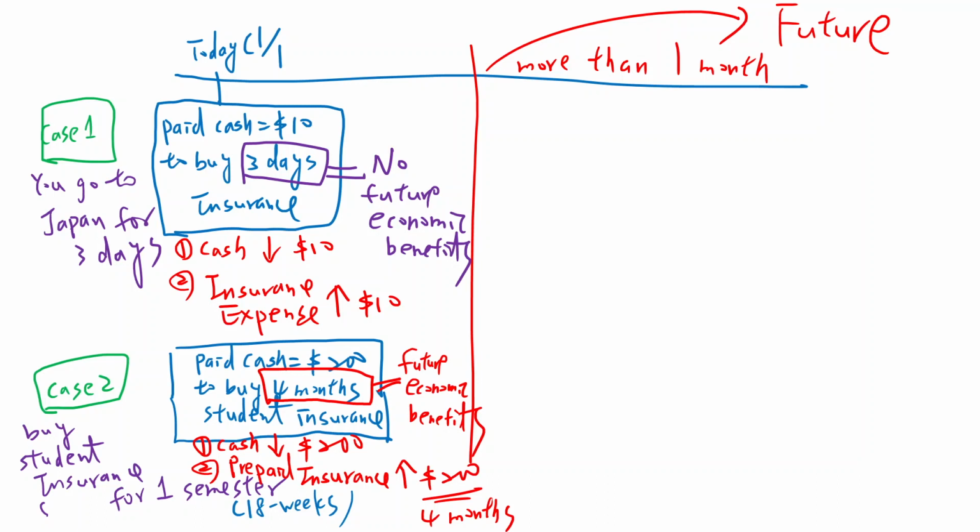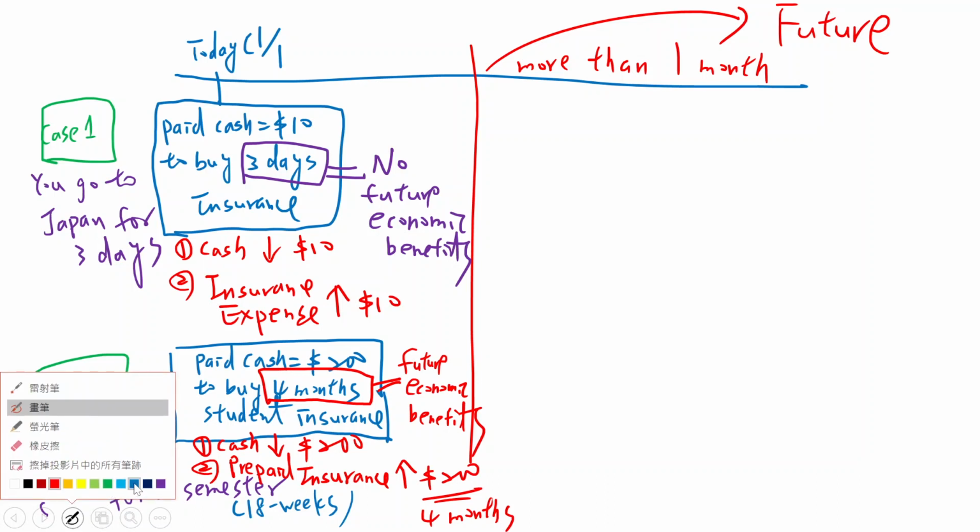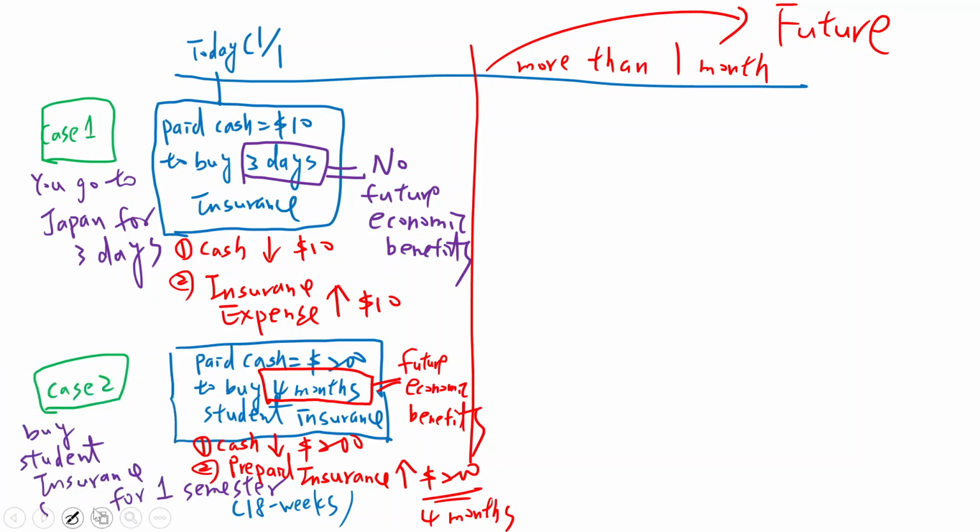So that's the relationship between expenses and assets. When you have a future economic benefit, it means you pay the money to get the assets.